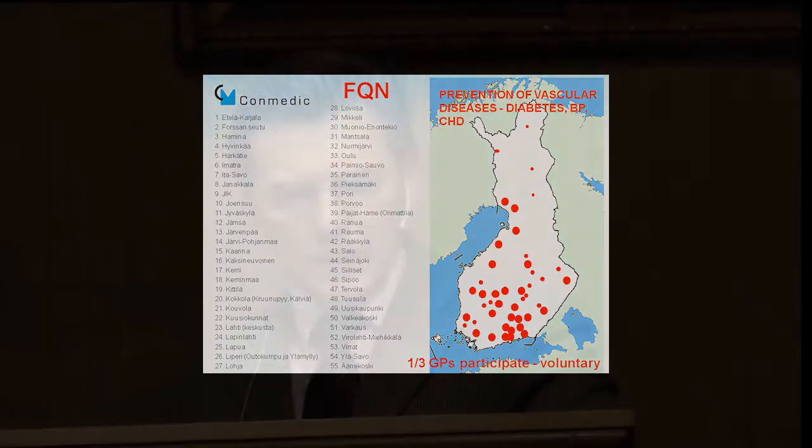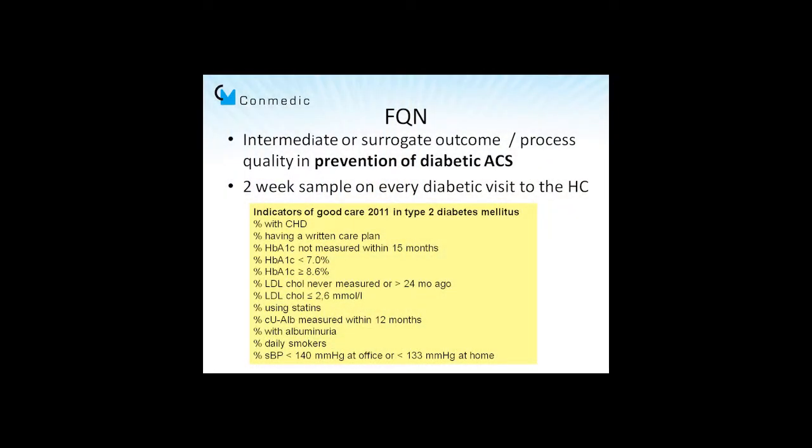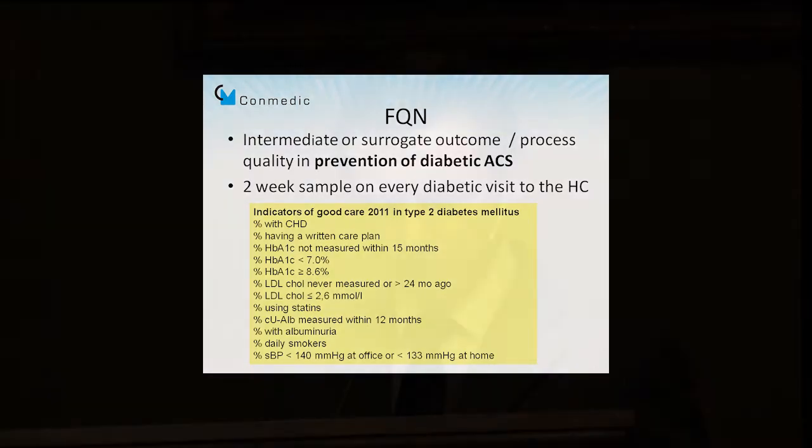To give an example what the quality network looks like in the diabetic patients, these are the indicators: coronary disease, written care plan, measurement of glycosylated hemoglobin, levels of glycosylated hemoglobin, LDL measurement, level of LDL, using statins, urine albumin measurement, urine albumin level, smoking, and blood pressure.